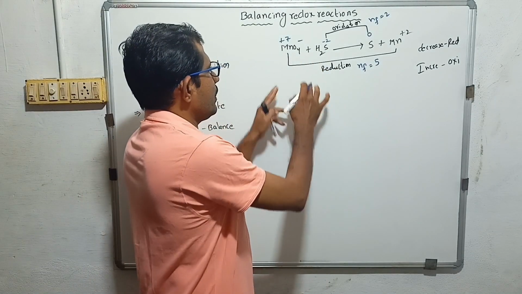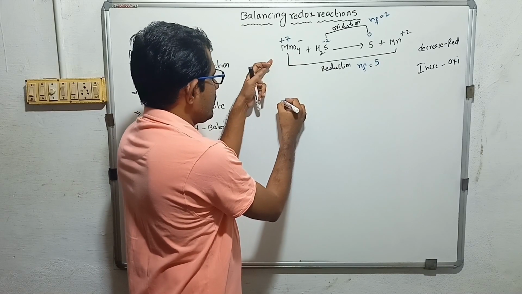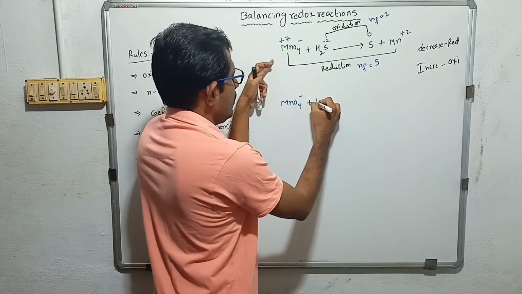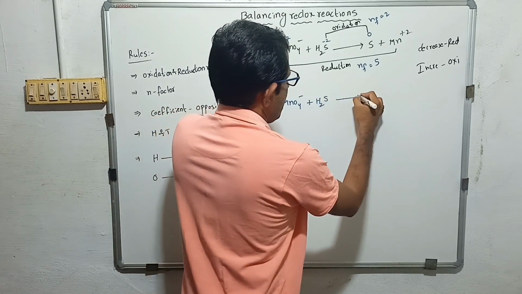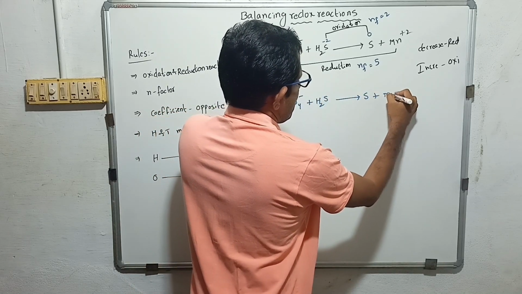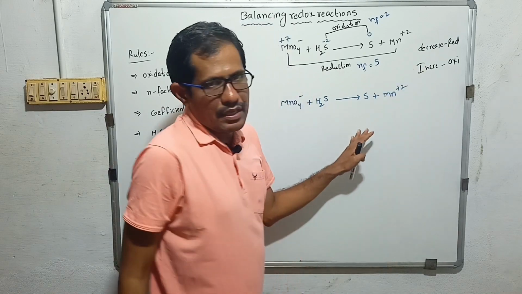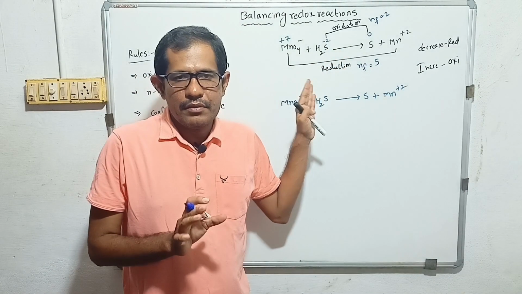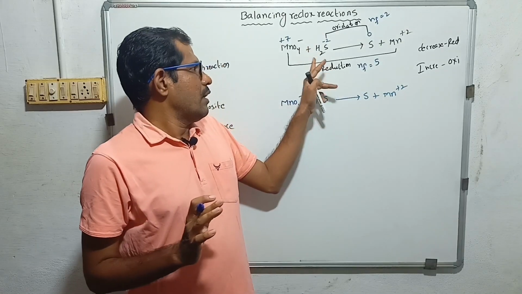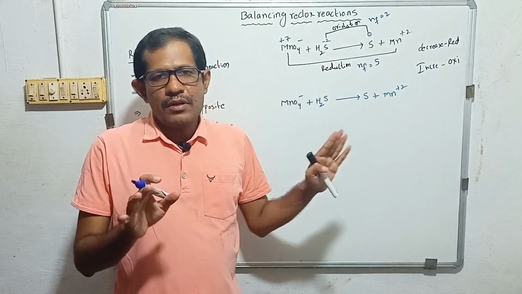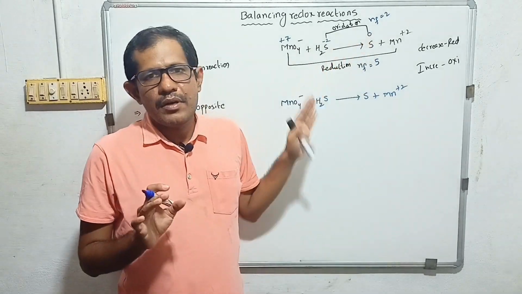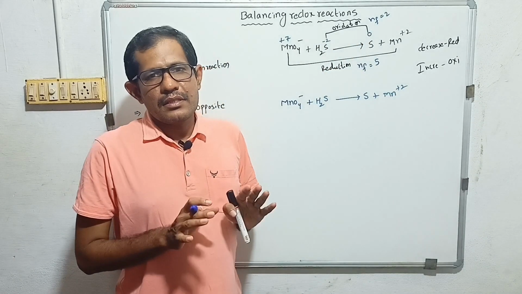That means observe carefully here. I am writing the equation again: MnO4 minus plus H2S gives S plus Mn2 plus. This is the equation. First find the oxidation numbers, then find what is the oxidation reaction and what is the reduction reaction. Oxidation means increase in oxidation number, reduction means decrease in oxidation number.